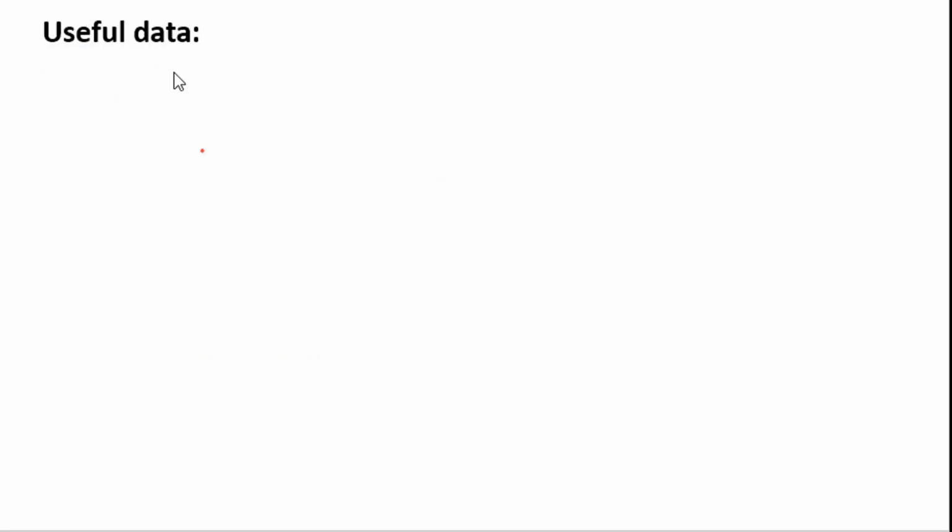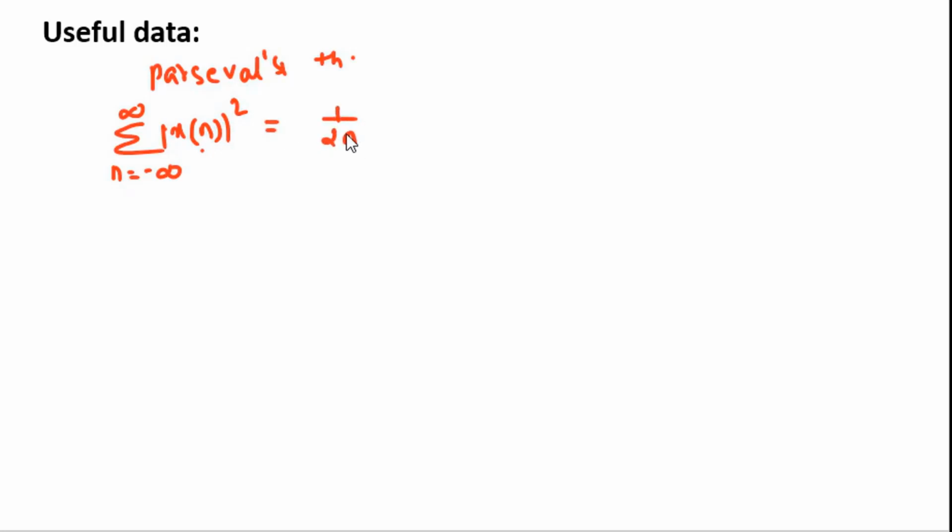The useful data for this question is that you should know Parseval's theorem, which states that the energy contained in x of n, that is the sum from n equal to -infinity to infinity of magnitude of x of n squared, is given by 1 by 2 pi times the integral from -pi to pi of magnitude of X of e to the power j omega whole squared d omega.